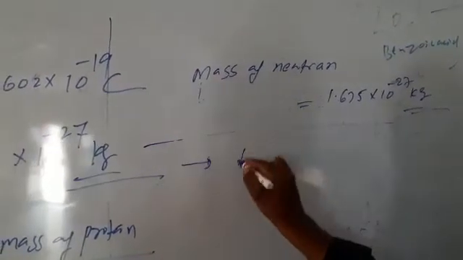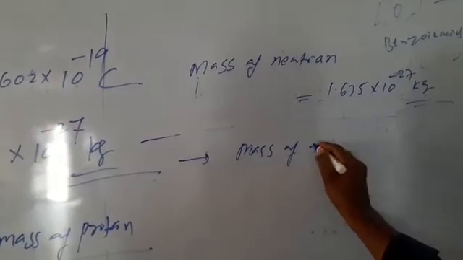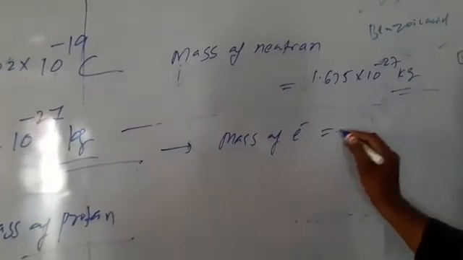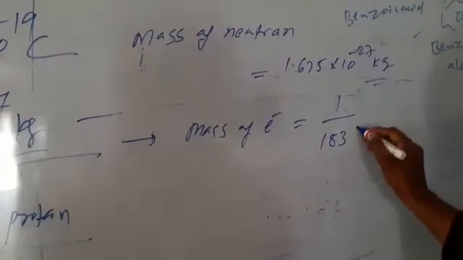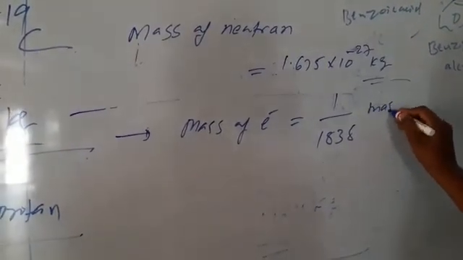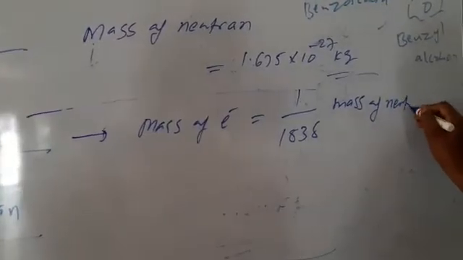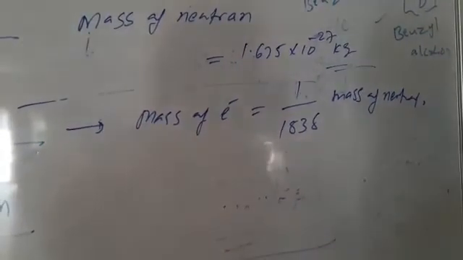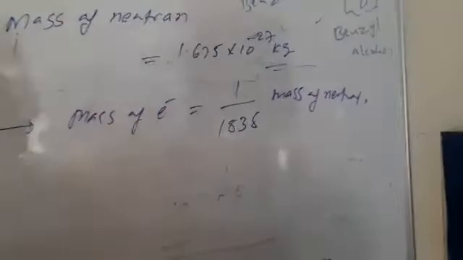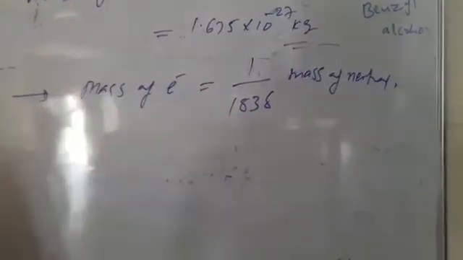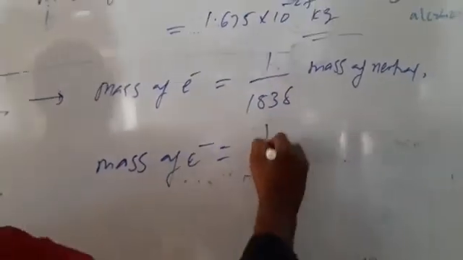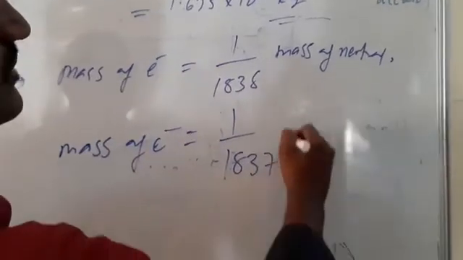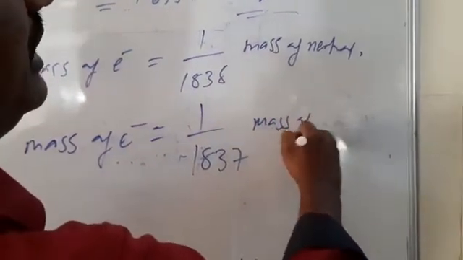Here, the mass of an electron is 1/1838 times the mass of a neutron. Next, the mass of an electron is 1/1837 times the mass of hydrogen.